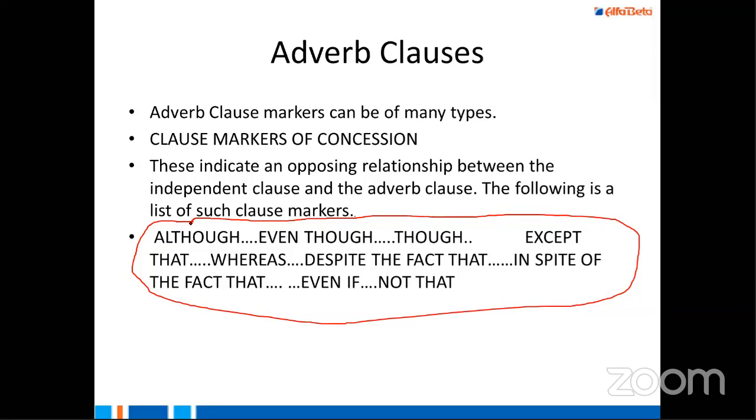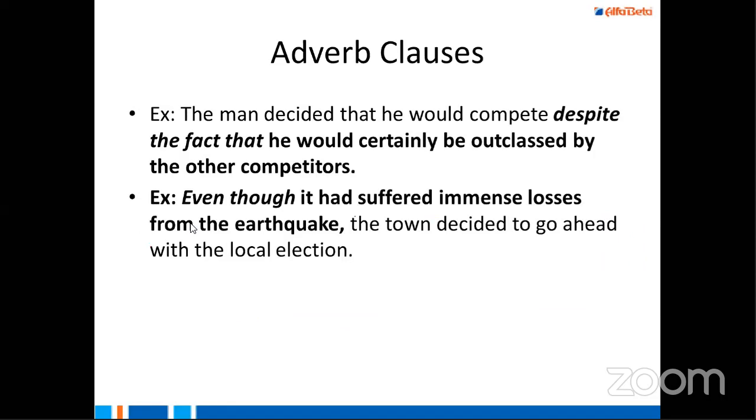Ironies are unexpected ideas. Example, although he studied hard, he failed the exam. See examples of irony, guys. Note in the first example, the first SVO is the adverb clause and a comma has been taken.